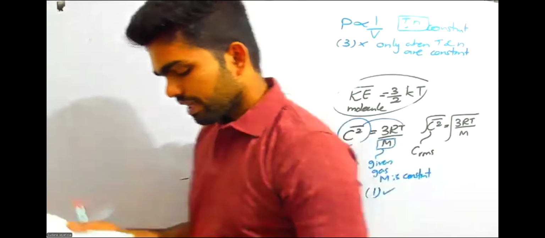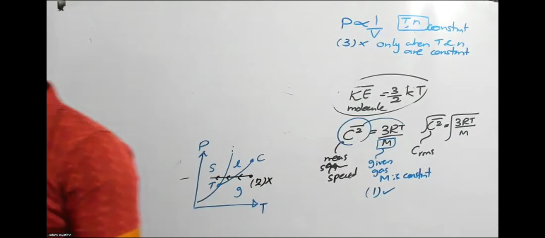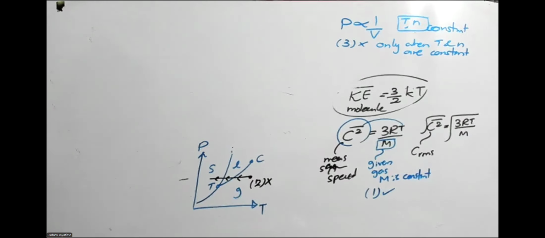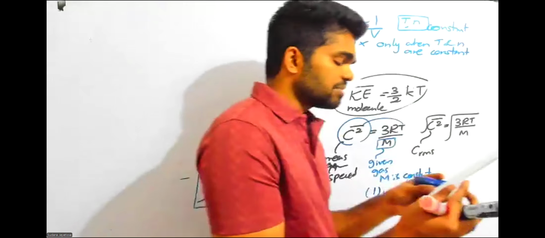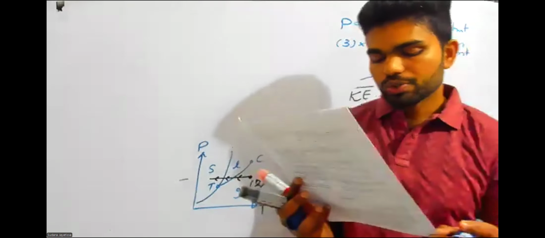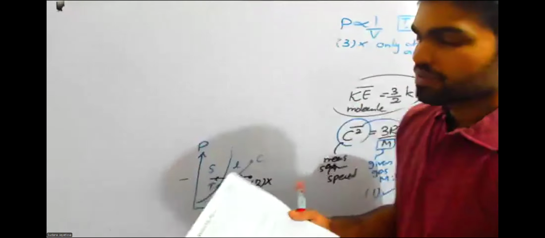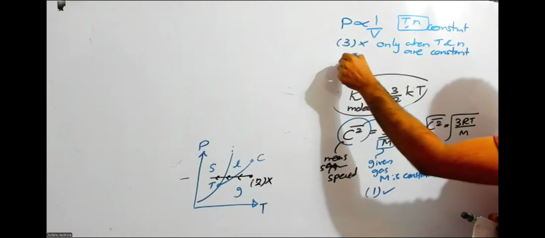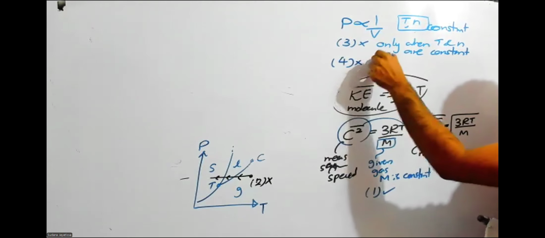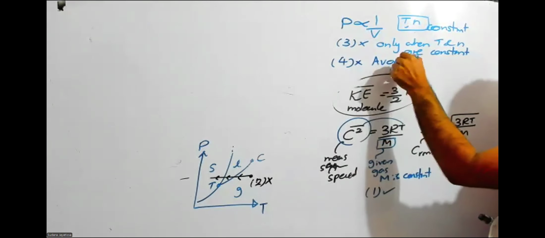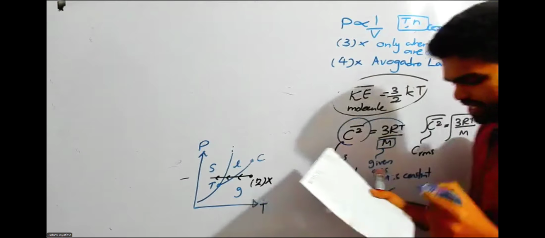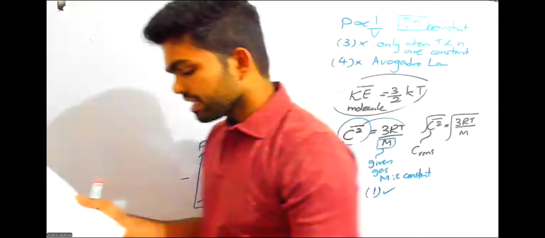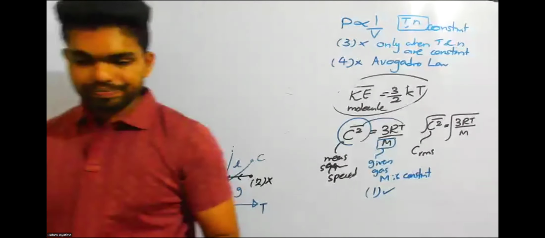Now look at the fourth one. Under the same conditions of temperature and pressure, equal volumes of ideal gases do not contain equal number of moles. So do not contain is wrong. They do contain. Okay, so right in front of that one, Avogadro law. According to Avogadro law, they have equal number of moles.